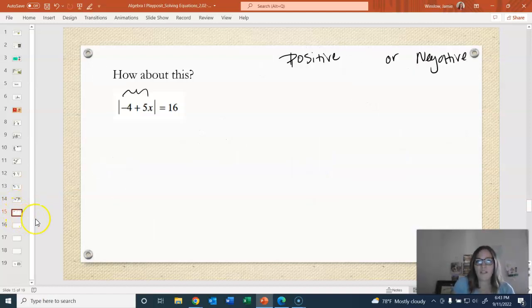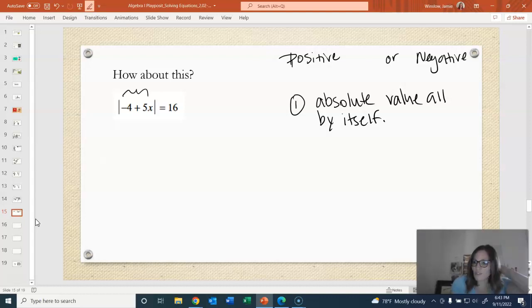So whenever we're solving an absolute value equation, once you have the absolute value all by itself, we're going to write some steps. Absolute value, and you should write these down, all by itself, which we do. The absolute value is by itself. There's nothing else over here like a +2 or something. Then we set up two equations.